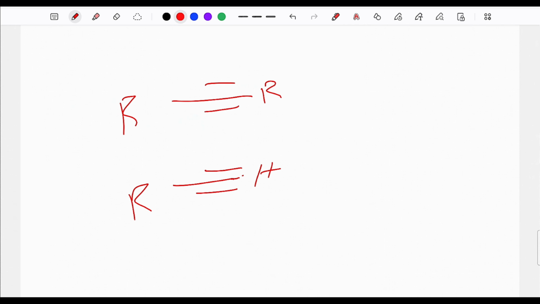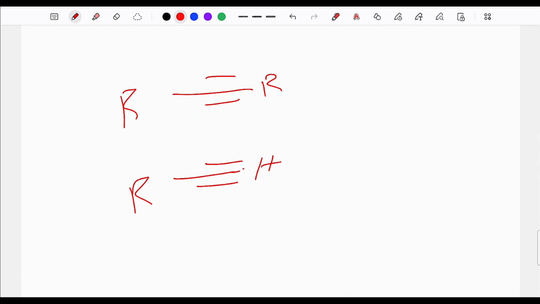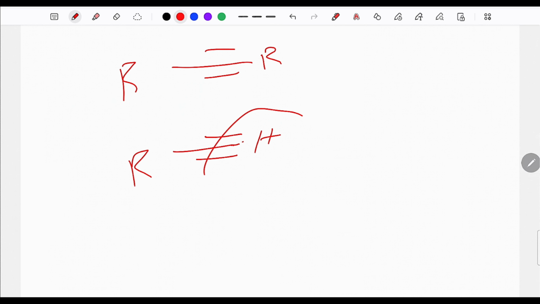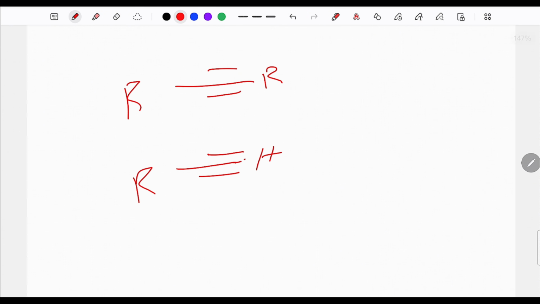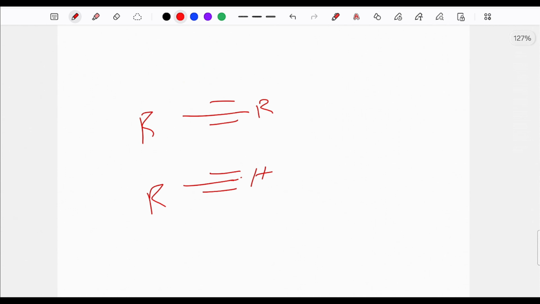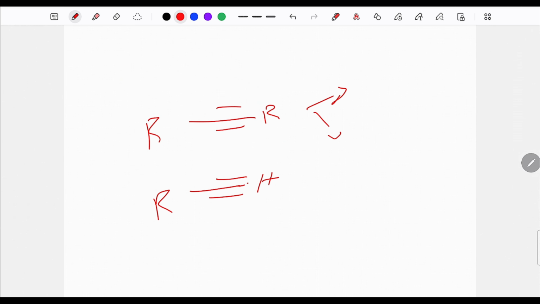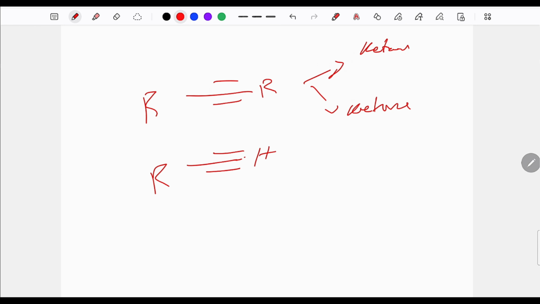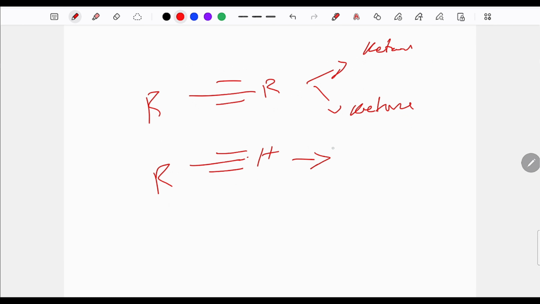All right, so internal alkynes produce a mixture of ketones, whereas a terminal alkyne gives just a methyl ketone, just like we saw. It gives us that methyl ketone because of the mechanism. Whereas again, this gives me one ketone and a second ketone. This gives me a methyl ketone. Okay, great.